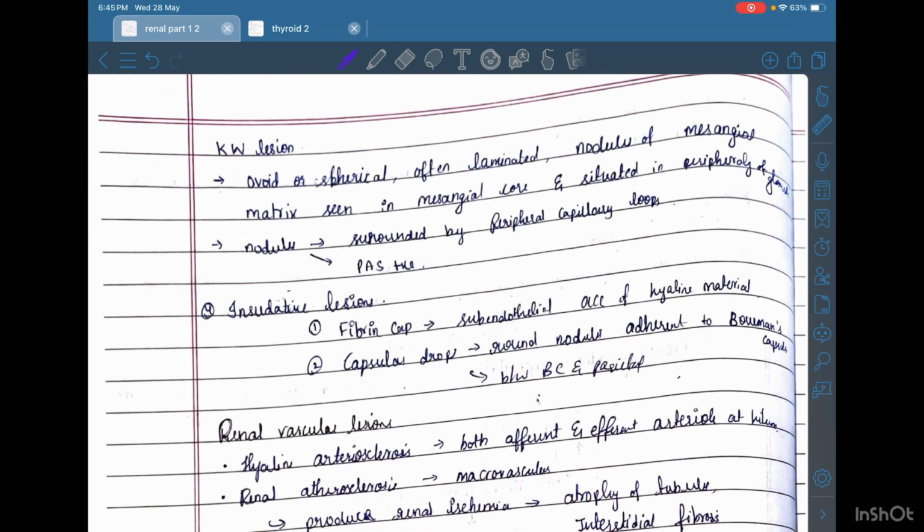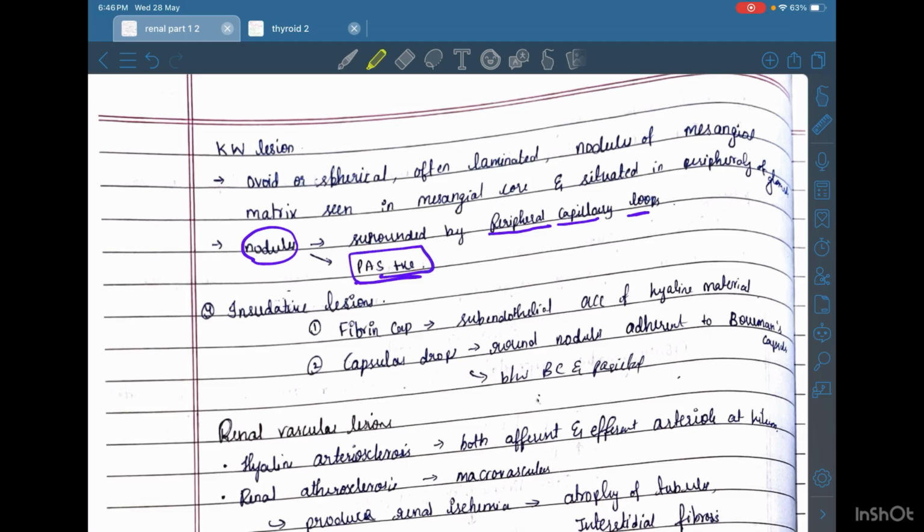It is basically a nodule which is oval or spherical, often lobulated. It is a nodule of mesangial matrix in the mesangial core, situated in the periphery of the glomerulus. This nodule is surrounded by peripheral capillary loops, and it is PAS stain positive.